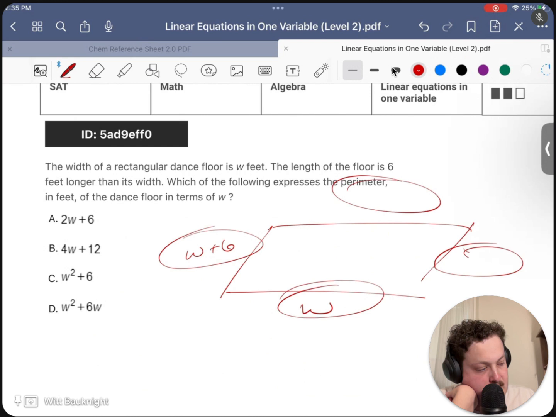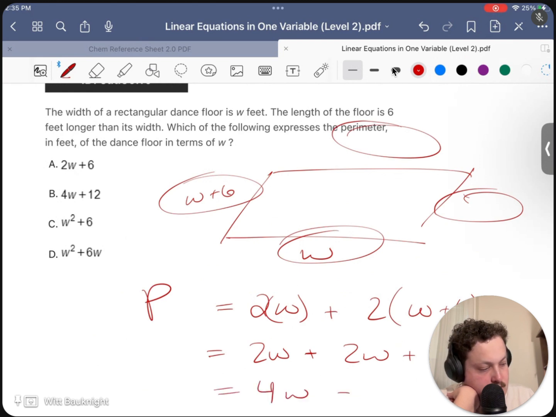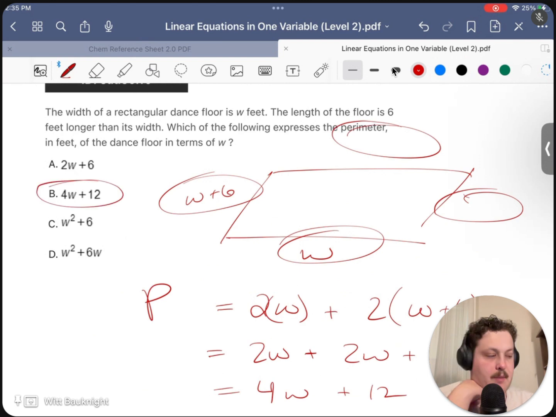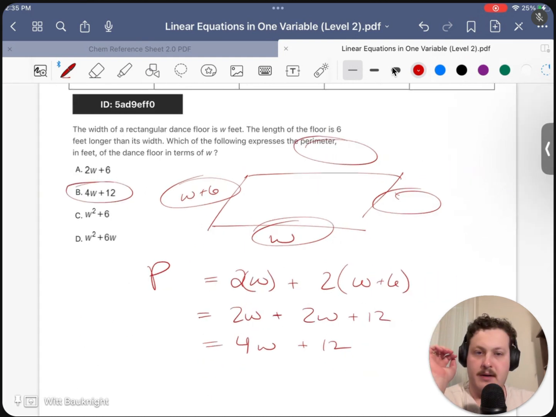So it's W plus 2, W plus 6 equals the perimeter. Let's simplify that. We got B. Cool. Sorry that my bubble is in the way. Let me zoom out.